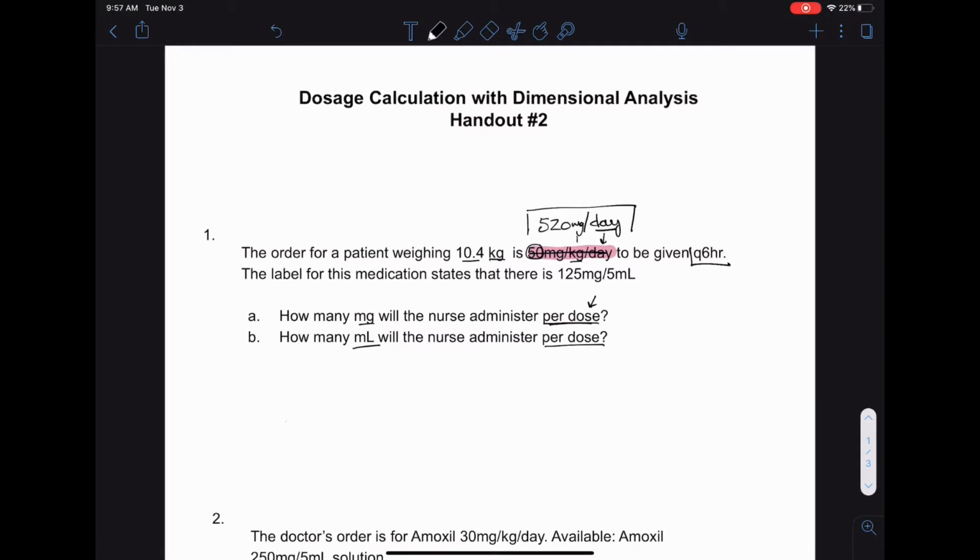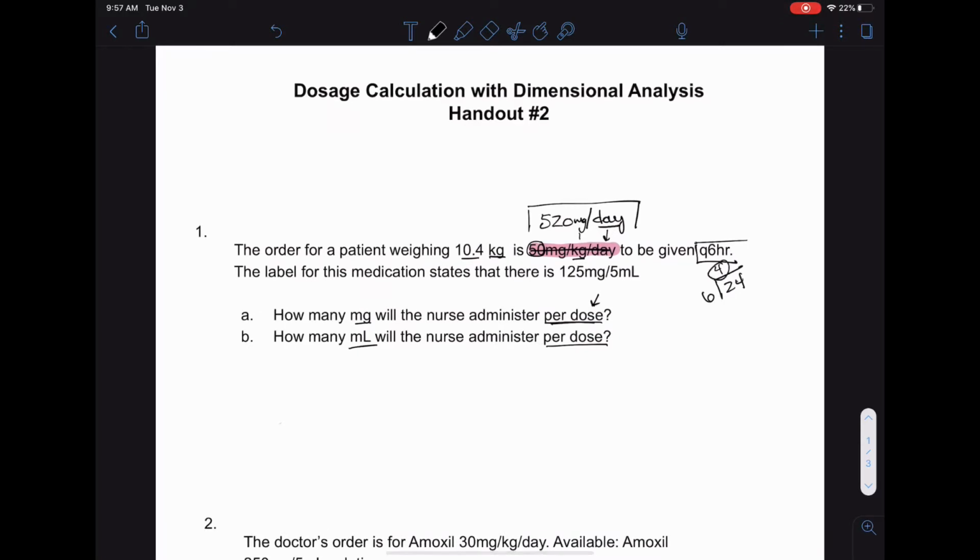We are going to give medicine every 6 hours, and there are 24 hours in a day, so we're dividing that 24-hour day into 6-hour chunks, which means there are 4 doses in a day. From that point, all we have to do is divide 520 by 4, and that gives us 130 milligrams per dose, which answers our question.